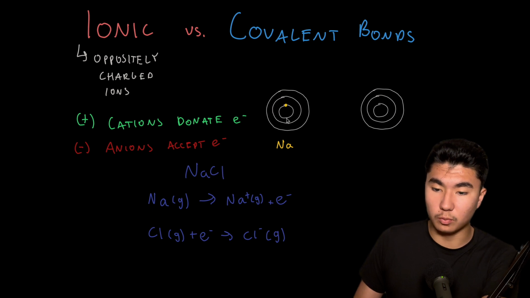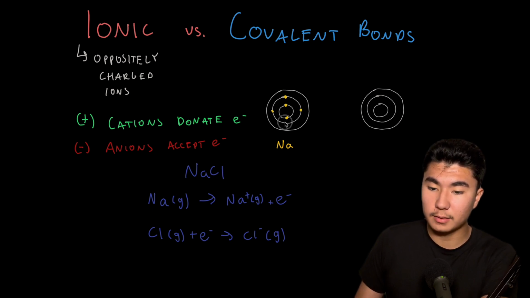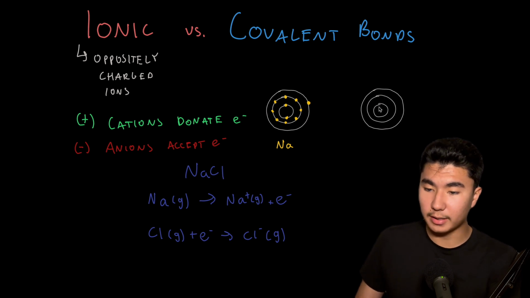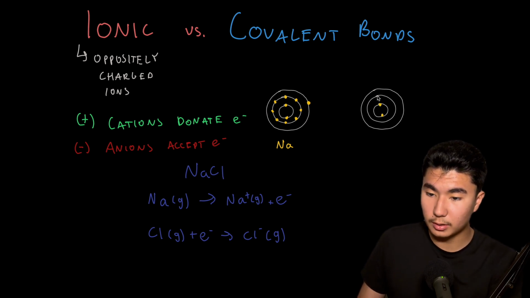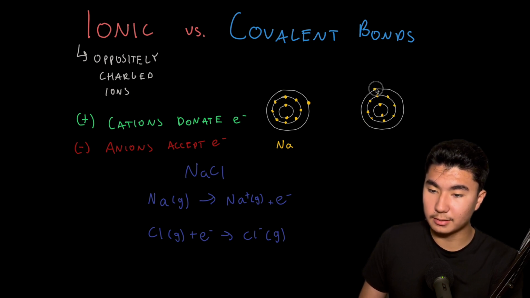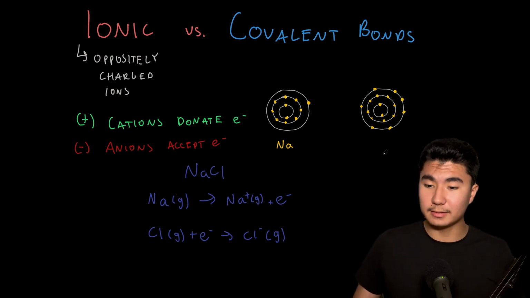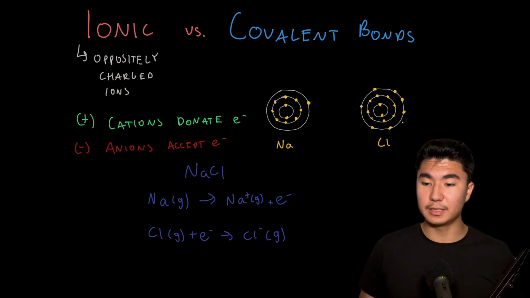Sodium is going to have 1, 2, 3, 4, 5, 6, 7, 8, 9, 10, 11 electrons, while chlorine is going to have 17 electrons.